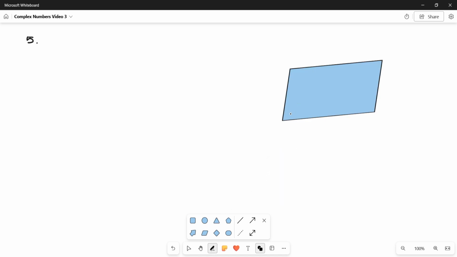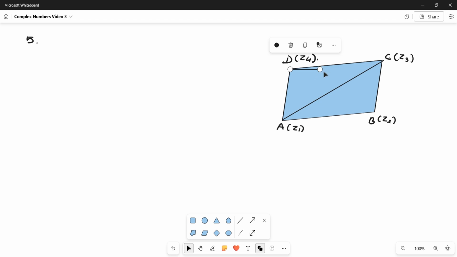Let A, B, C, and D be the vertices of the parallelogram, with Z1, Z2, Z3, Z4 complex numbers. Now see here, this is the AC diagonal, and this is the BD diagonal.